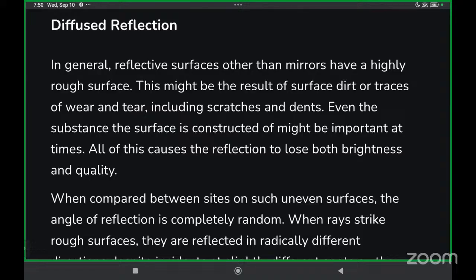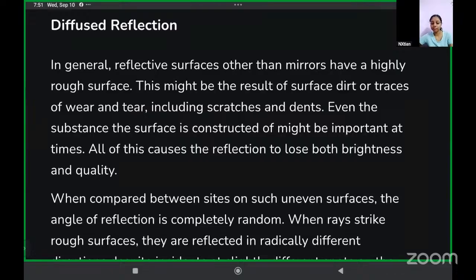It's a non-uniform surface. Even the substance the surface is constructed of might be important at times. All of this causes the reflection to lose both brightness and quality.